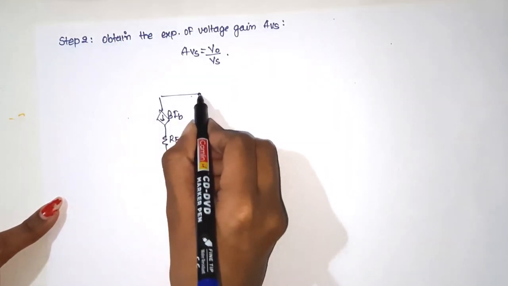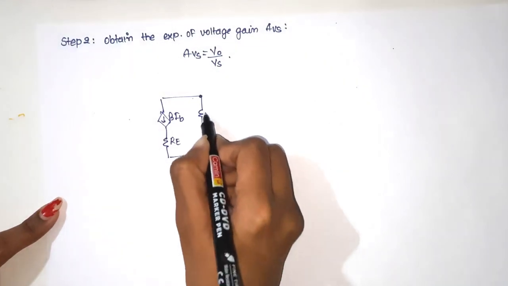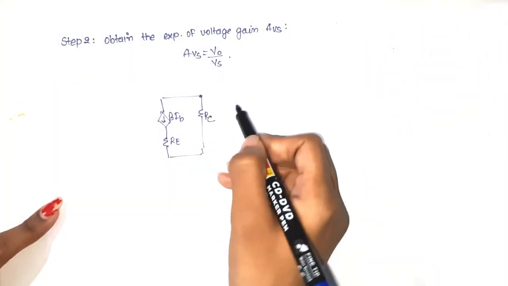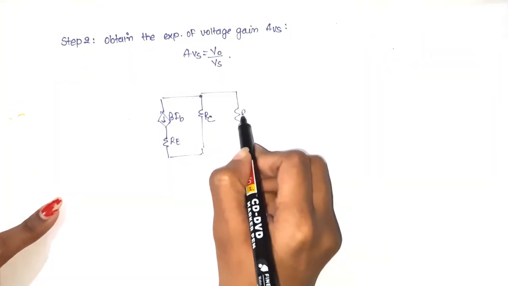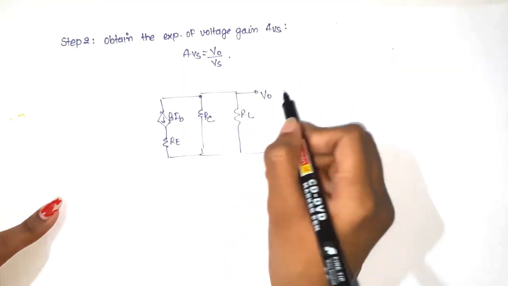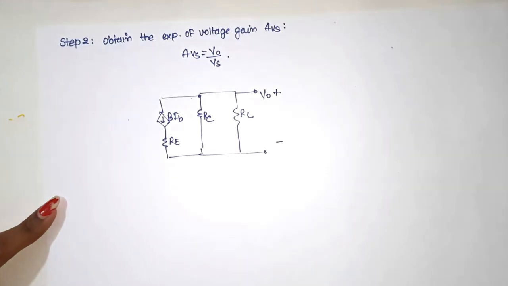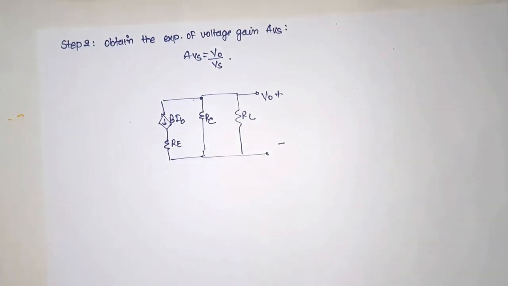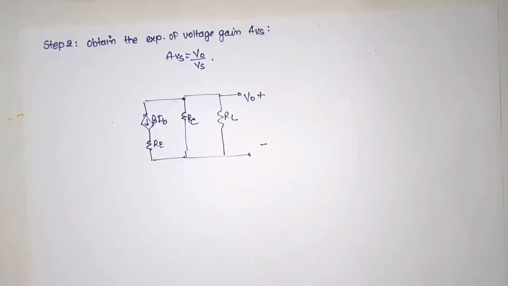Then we have the collector resistance RC, and then the load resistance RL, and we calculate the value of the output VO, with plus terminal and minus terminal. This is a partial circuit for the output, and now we need to convert this into equations.